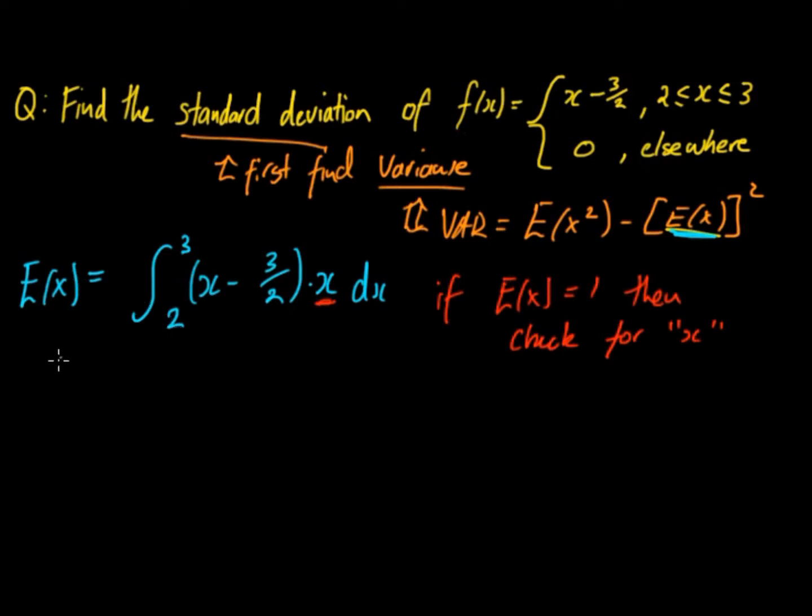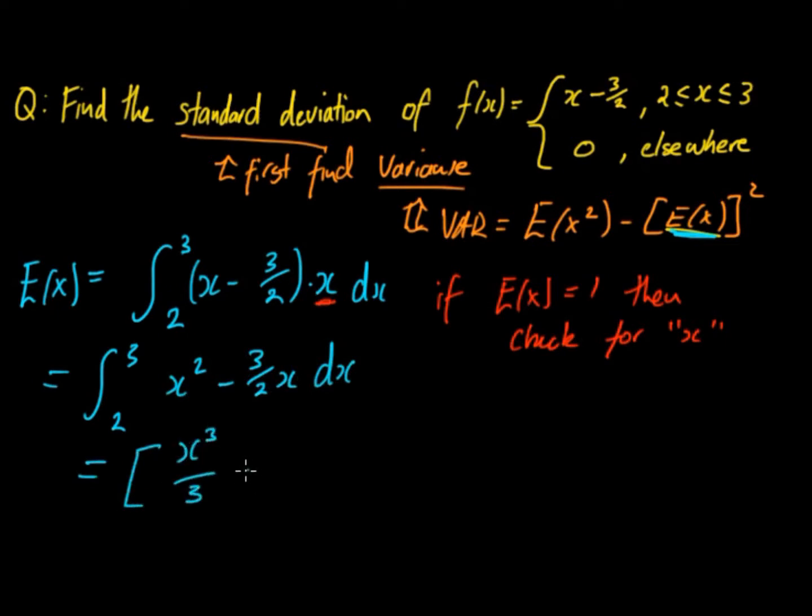So we solve for this, and we'll find that the integral from 3/2 to 2 of x squared minus 3/2 x dx is equal to the integral of x cubed over 3 minus x squared times 3/4, because you bring the 2 down, you get 2 on 4, which is 1 on 2, from 3/2 to 2.